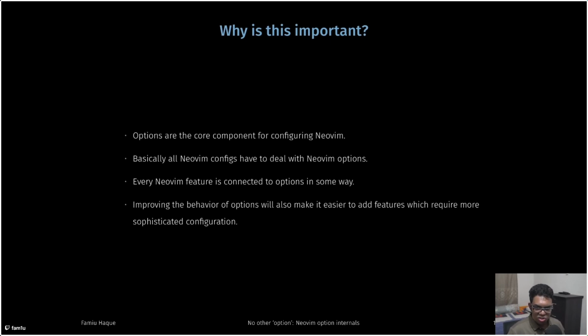Like for diagnostics, we have vim.diagnostics.config, which allows you to configure diagnostics. But if we had dict options, we could have just made that an option, right? So that's why improving Neovim options will also improve everything else. Every other feature that has been added, that will be added, that'll be improved.